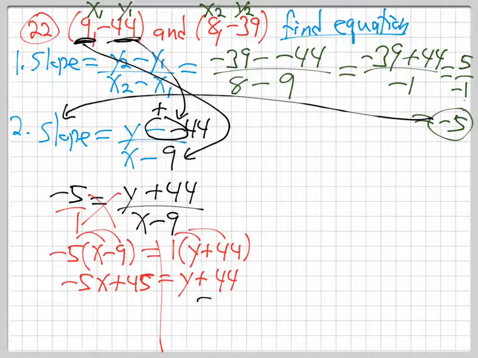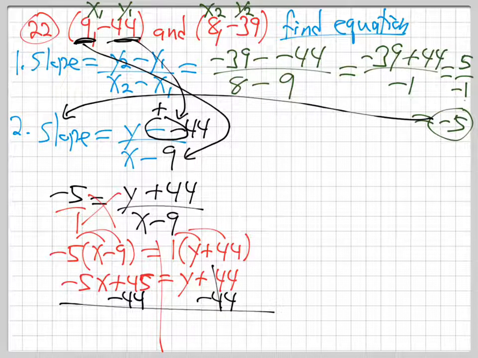Last step to get y alone, subtract 44, because all the answers have y alone. Y equals minus 5x plus 1. And that answer is actually not there. It's another one of these none of the above answers. There it is. We got it.